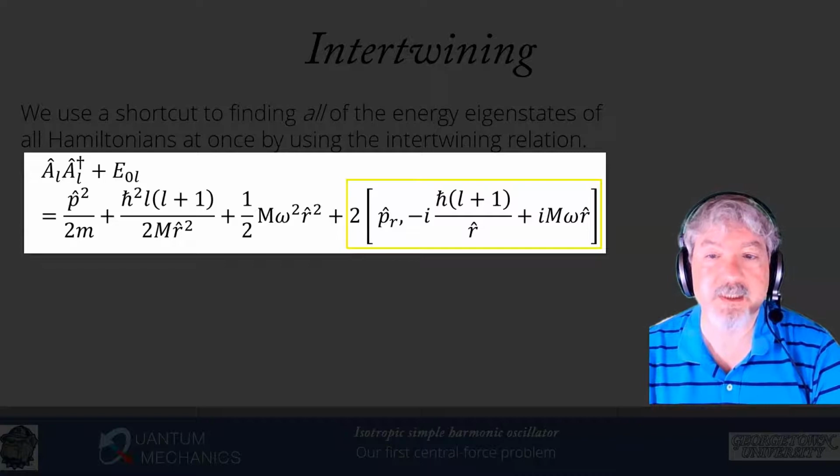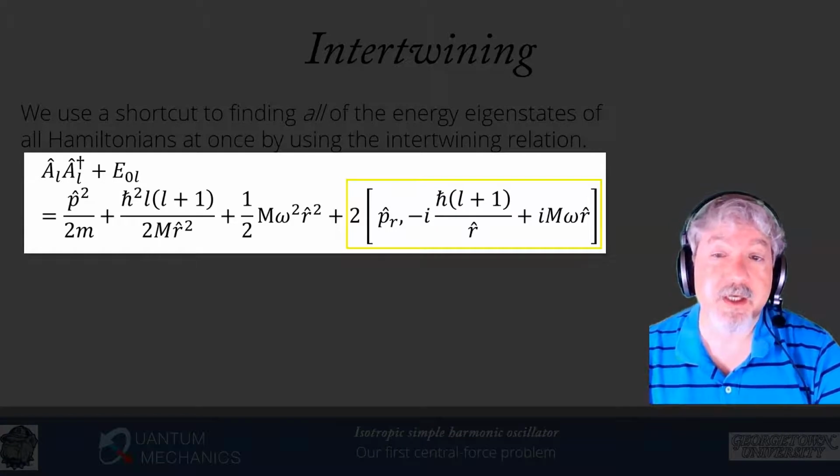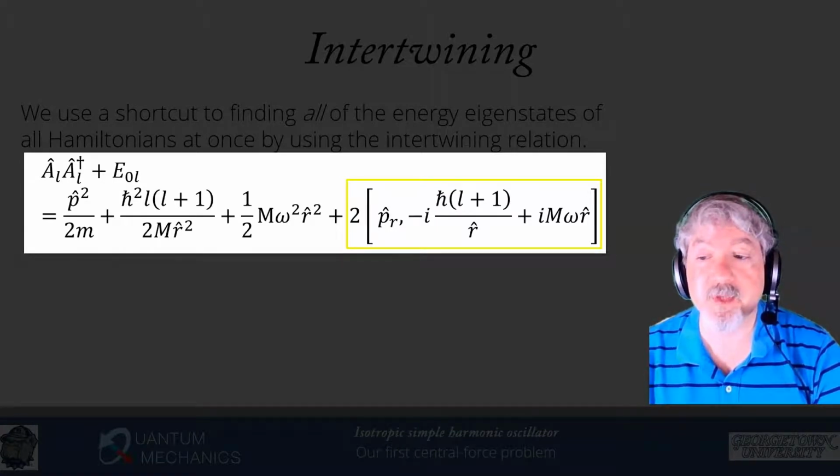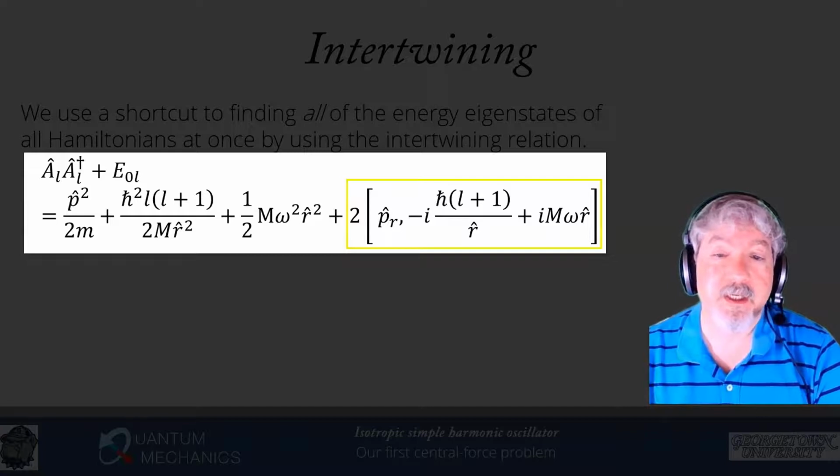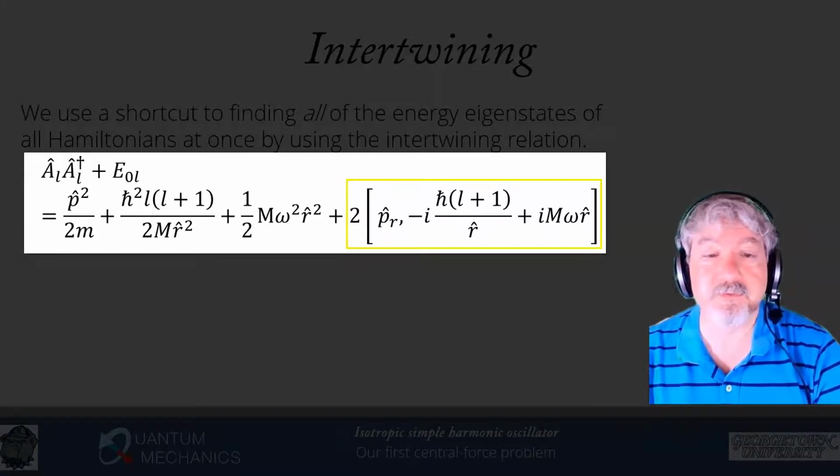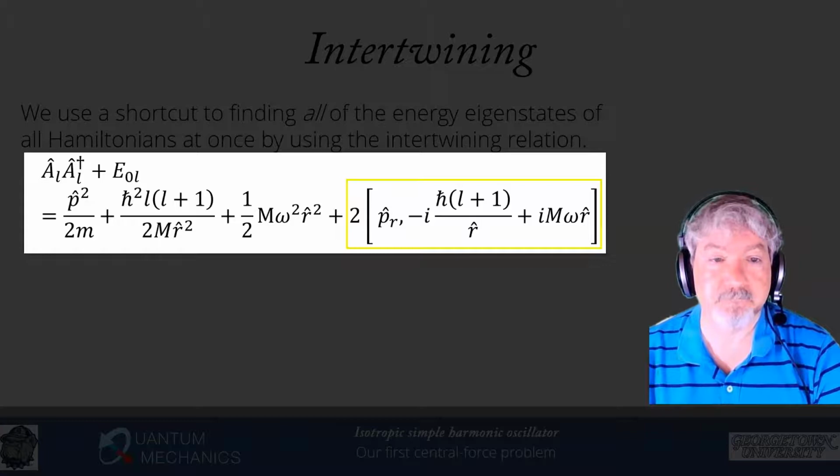That's the superpotential that we are taking the commutator with. The factor of 2 comes from the fact that I have 2 cross terms. They come in with opposite signs, but they also come in with opposite orders, which is why we get the factor of 2 in front of that commutator.